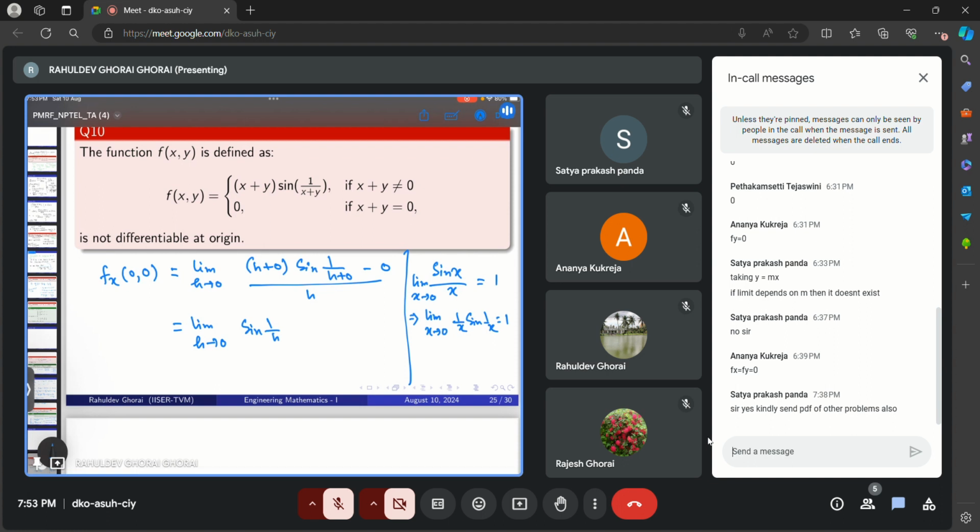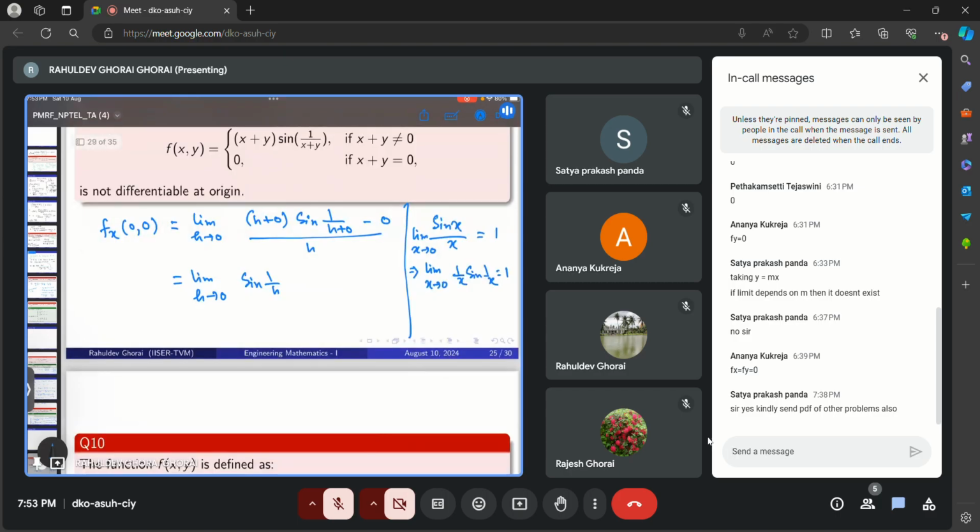Why does sine 1 by h not have a limit as h tends to 0? It's a little interesting. Here I mainly use a sequential approach.